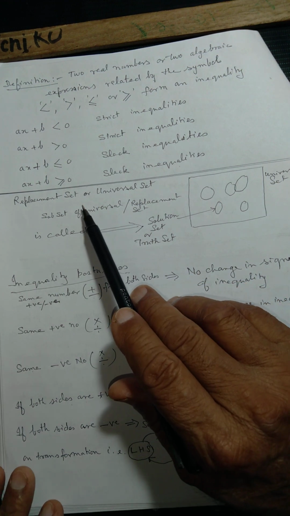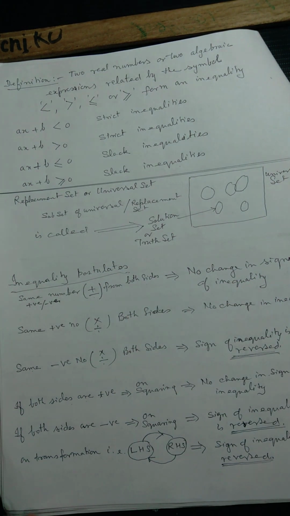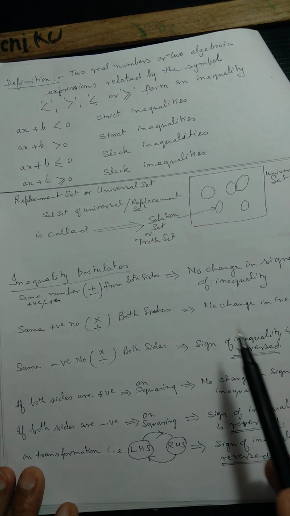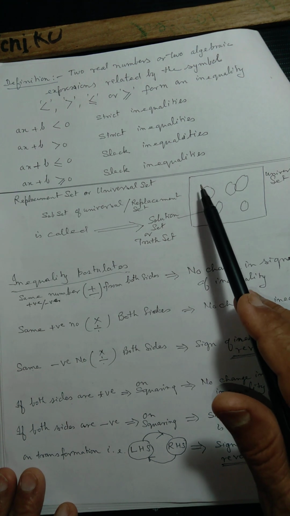Now see the replacement set or universal set, which means a bigger set is given. From there we have to find our solution set. Here I have represented it by a Venn diagram.